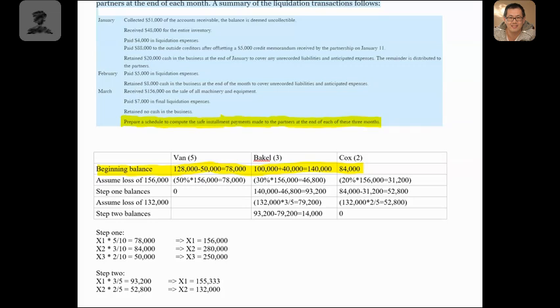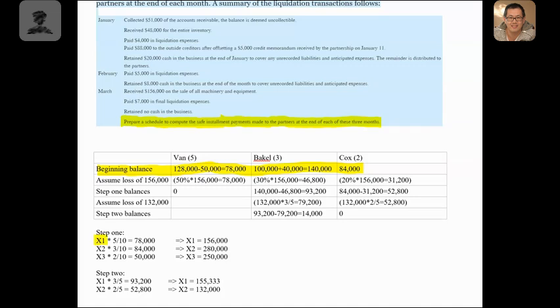So like what we did before for other pre-distribution plans, we need to eliminate their capital balances one by one, assuming certain losses. The first step is to calculate who is going to be the most vulnerable partner. So to eliminate Van's capital balance, let's assume we need a loss amount of x1.